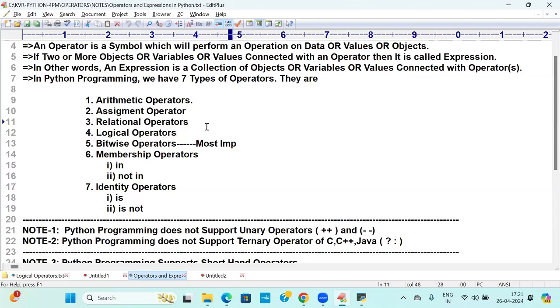Write a Python program which demonstrates the functionality of relational operators. That's very simple, students.